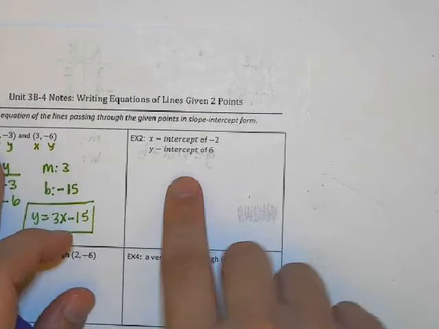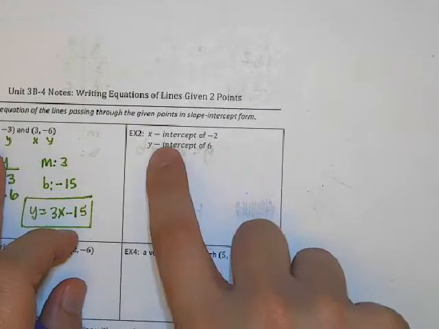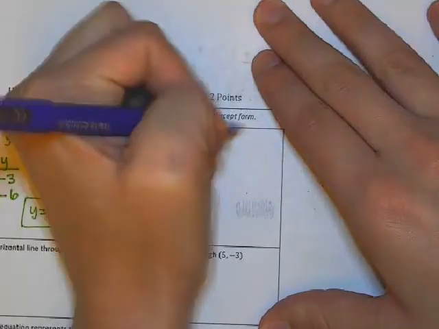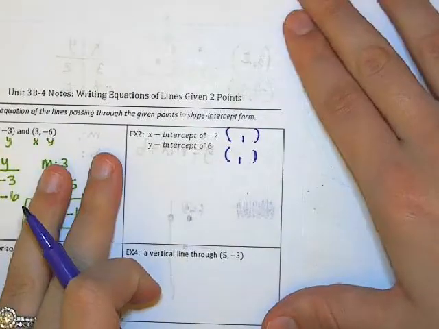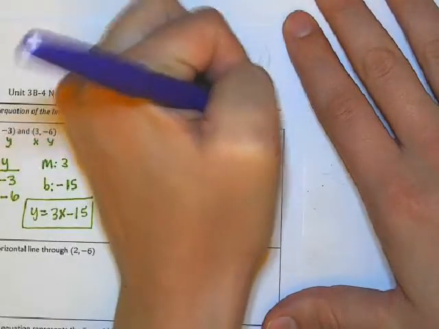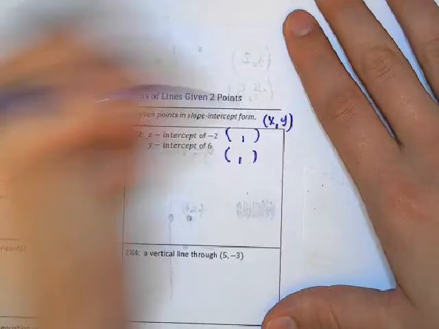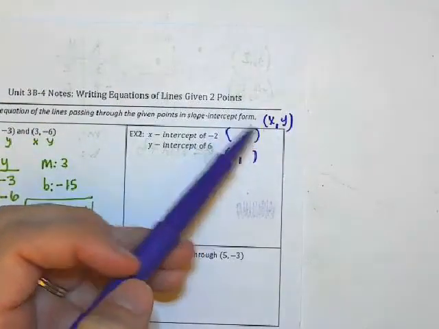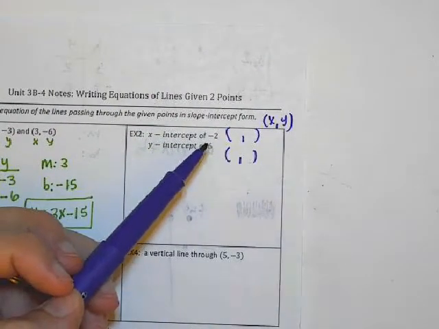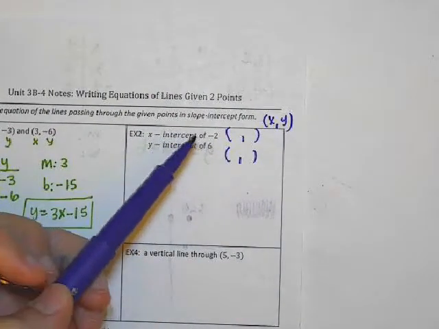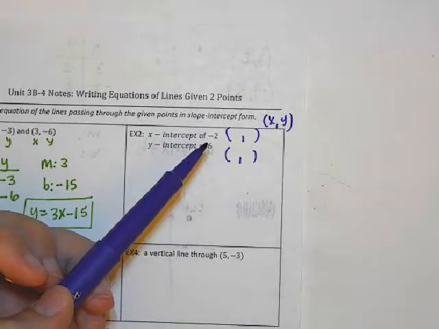So when I'm working this, x-intercept of -2, y-intercept of 6, I need to have 2 separate ordered pairs. And we know that x comma y is an ordered pair. Now I'm talking about the x-intercept of -2, because it's the x-intercept, -2 goes in the what spot?